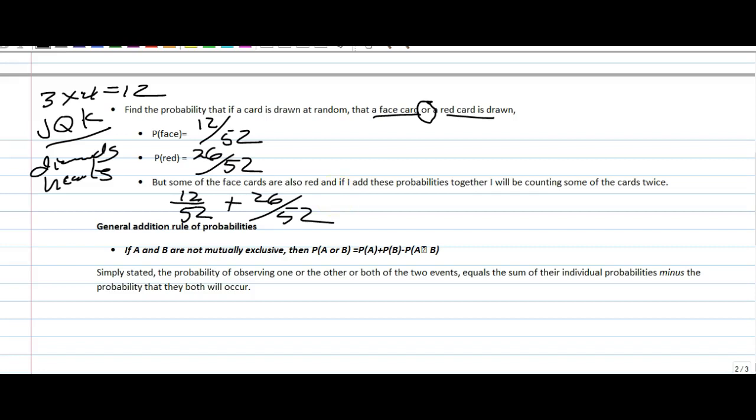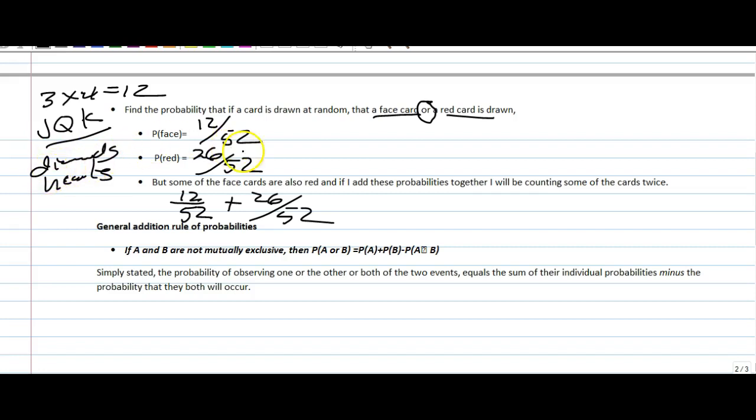That means the occurrence of one would prevent the occurrence of the other. And that's not the case here, because if I obtain a face card, that doesn't necessarily exclude me from getting a red card. Why? Because I have face cards that are also red. So one does not necessarily exclude the other.